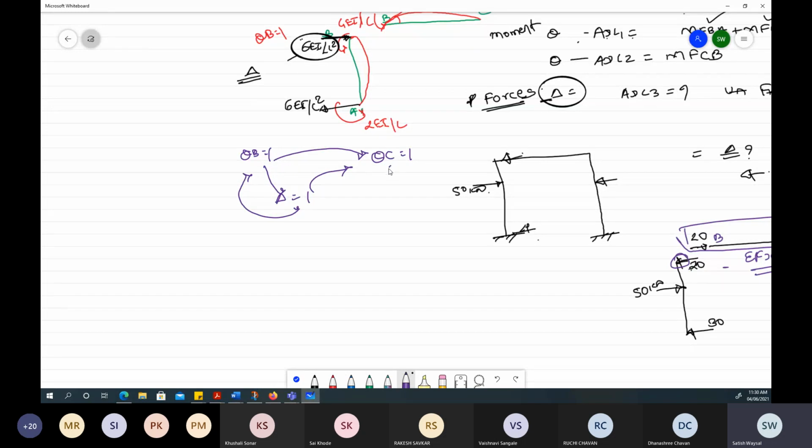When you consider theta c equal to 1, its effect on delta and its effect on theta b is another stiffness matrix. In this approach, we have to develop the stiffness matrix. We'll see one numerical in a detailed manner, and if you have a doubt meanwhile, ask without any hesitation, so that all your concepts related to the stiffness matrix get cleared.